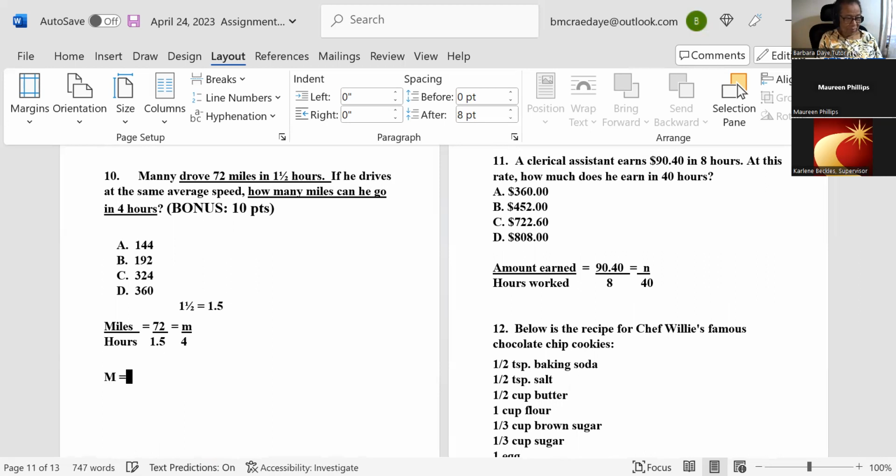So you multiply 4 times 72 and divide by 1.5.